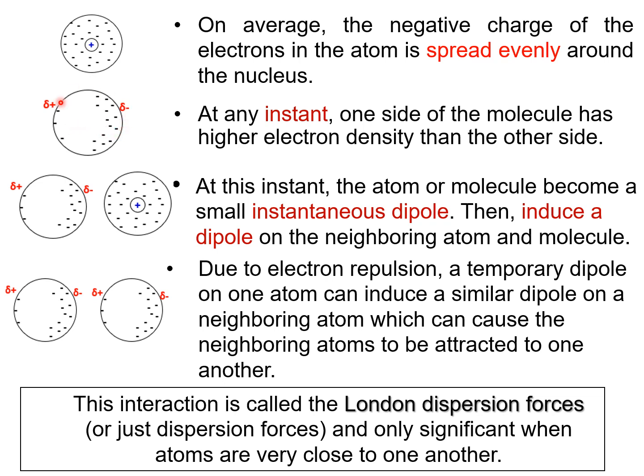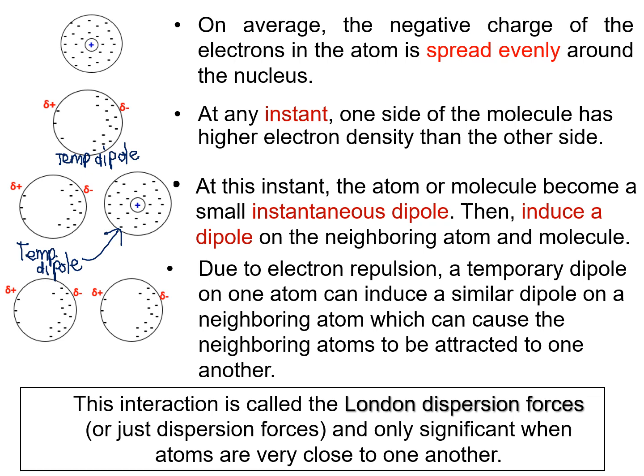So bila benda ni berlaku, makanya this molecule dia akan mewujudkan instantaneous dipole, or we call it as temporary dipole. Okay, so at this instant, the atom ataupun molekul tersebut, dia akan ada small instantaneous dipole ataupun temporary dipole. So apa yang berlaku bila dia dah ada temporary dipole, dia akan menjangkitkan dipole tersebut dekat dia punya jiran, okay?